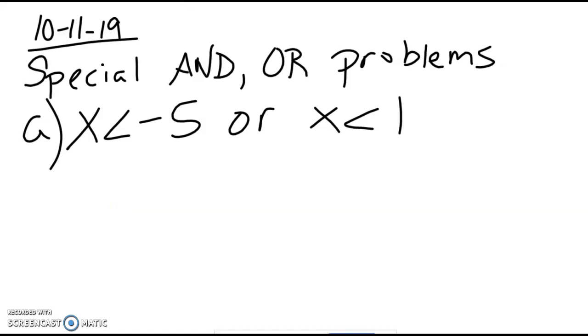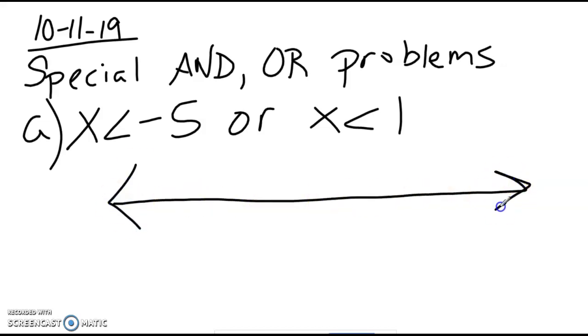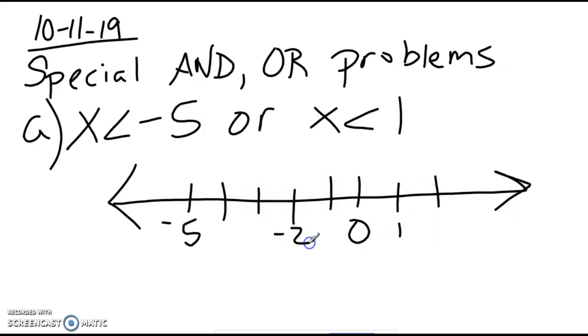So I'm going to graph this. Okay, so on this number line, how do I show x is less than negative 5?